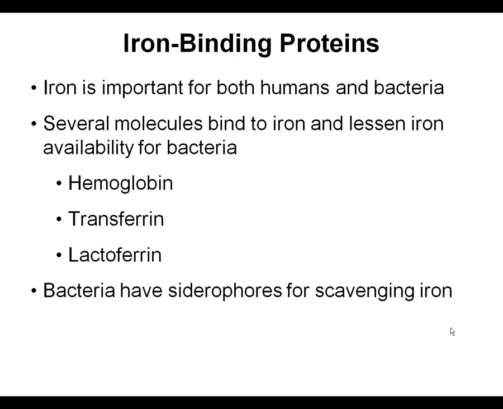Some bacteria produce these things called siderophores, and these are basically going to grab away any type of bound iron. These are capable of scavenging iron from any kind of iron binding protein like the hemoglobin, transferrin, and lactoferrin.